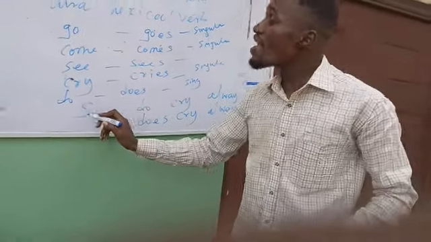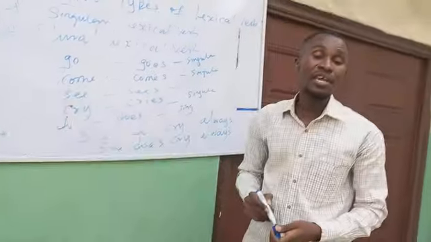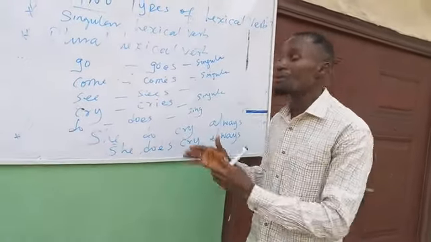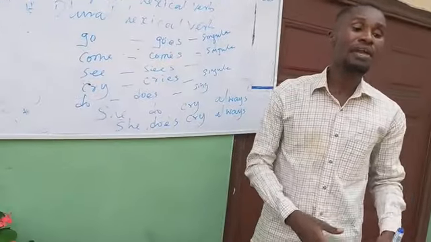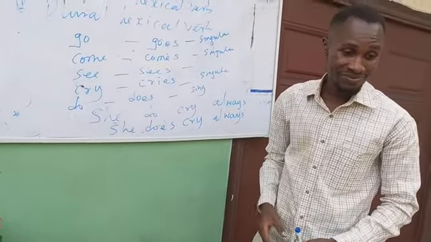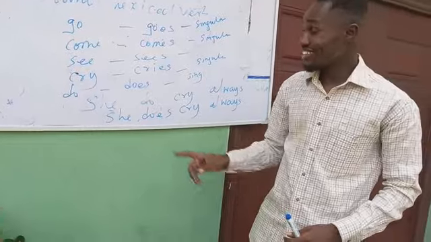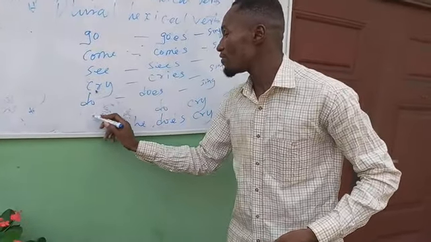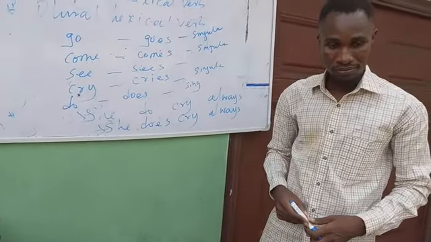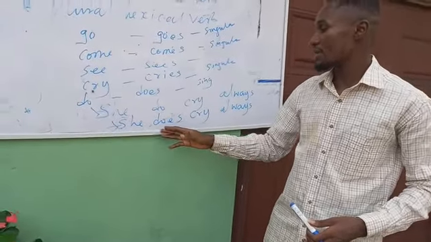Now, which of these is correct? She do cry always, or she does cry always. Which is correct? She does cry always. Yeah. So why do you think this is correct, but this is wrong?